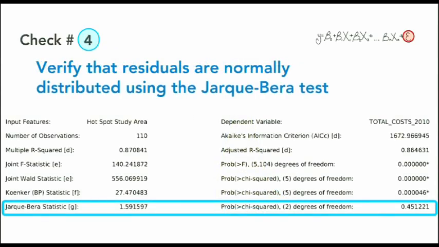So the next one is about making sure that our residuals are normally distributed. Now, if you think about it, we expect the residuals to be random. Those errors. We want the over and under predictions to have a random distribution. So if they really are random, we expect most of them to be close to 0, close to a good prediction, right?